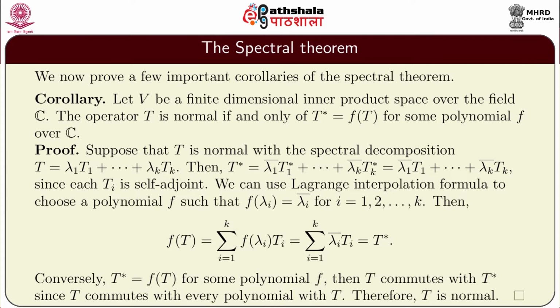Why? Because the Ti's are orthogonal projections, and therefore we have that Ti star is equal to Ti for all i.